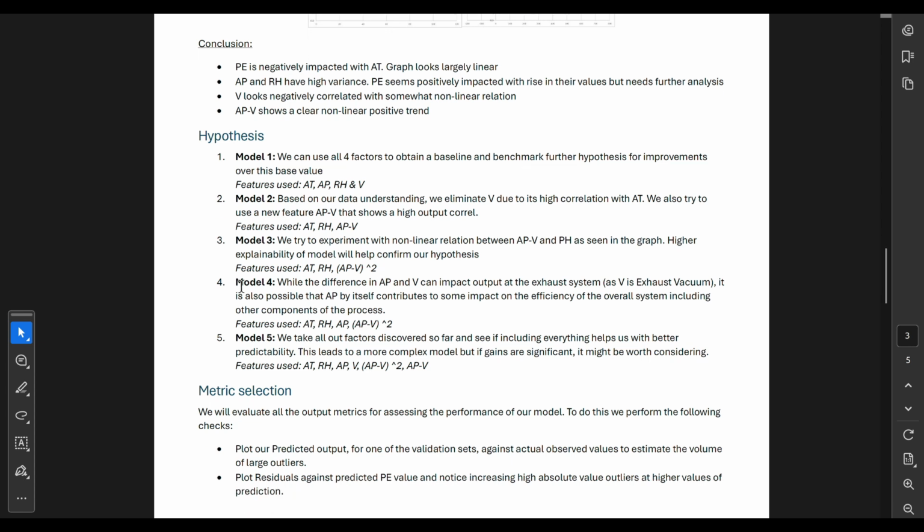Now model 4, what we are doing here is we are considering AP, ambient pressure, as linear and the interaction term as a non-linear term.